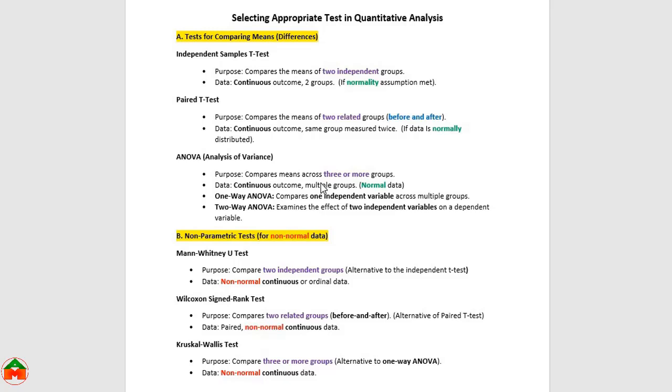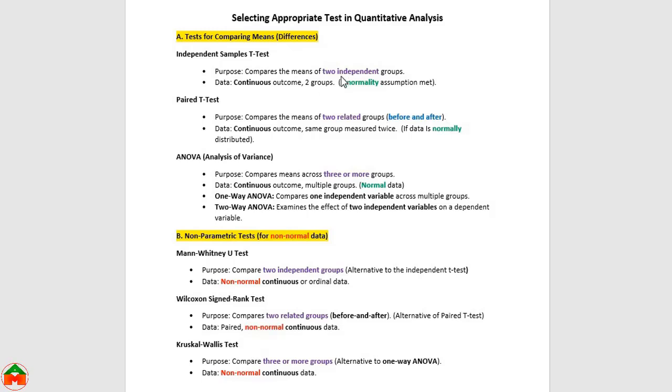But if your data has three or more groups, and you want to compare the means across the three or more groups, then you can apply analysis of variance, which is shortly known as ANOVA analysis. In the same way, if the data are not normally distributed and you want to compare the three or more groups, then you can apply Kruskal-Wallis test.